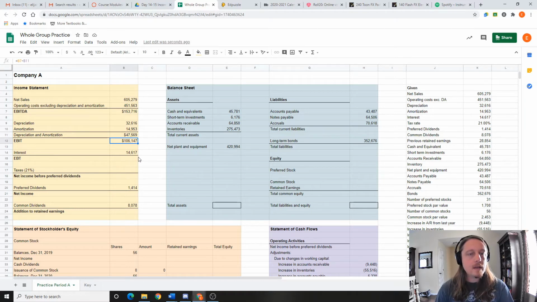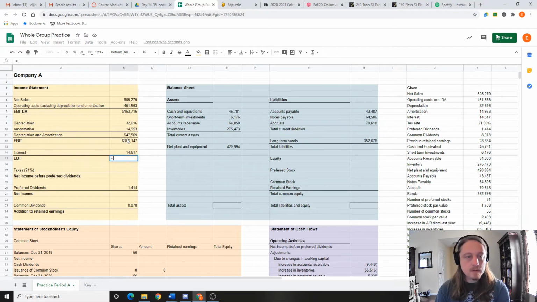All right, let's go ahead and go to interest. So we've got this interest here. Again, we're making payments on things, and the interest that we're having to pay out for the loans that we have to buy these assets also decreases how much we've earned. And so we need to calculate EBT, that's the interest coming out.